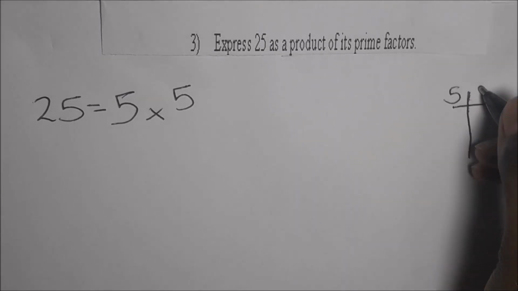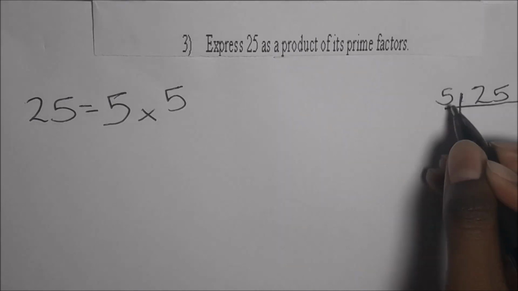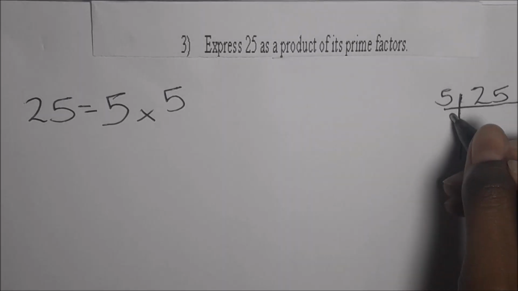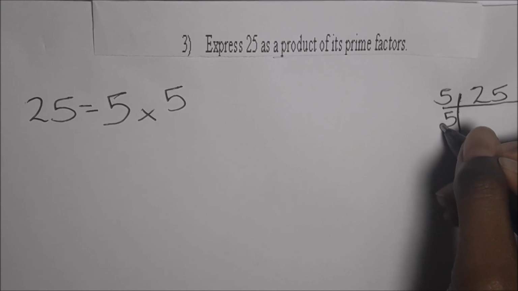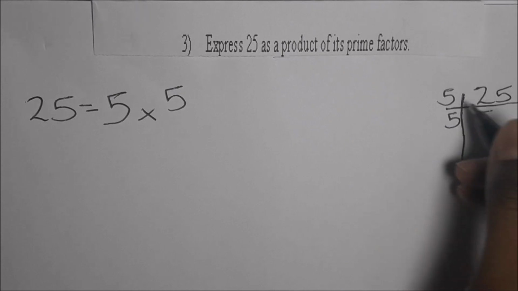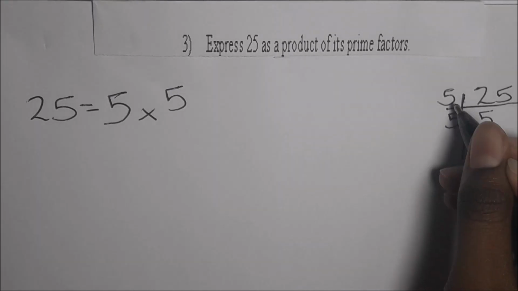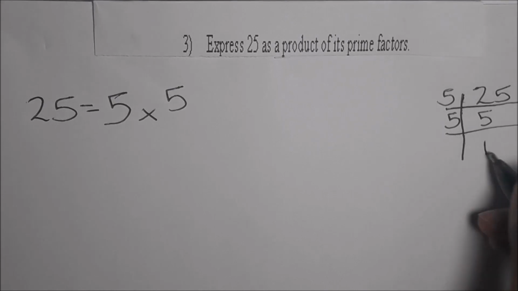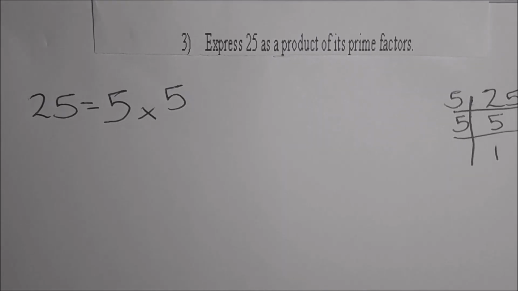Put 5 here and put 25 there. 5 into 25 goes 5 times. On the inside, put 5 on the inside first, right? And 5, put the next line under it. 5 into 5 goes 1 time. On the inside, right. That's it. So that's where you got the 5 times 5.